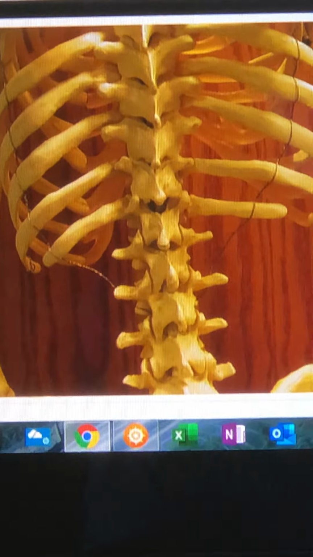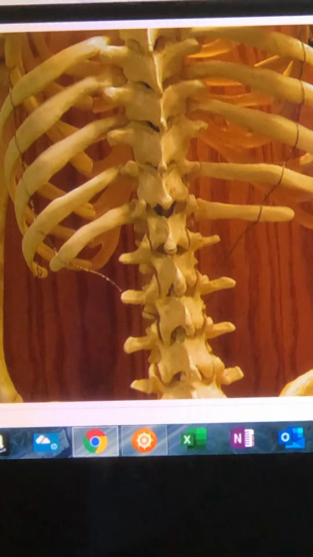It attaches by a costal cartilage, which we talked about was hyaline cartilage in chapter 5 and in the tissue study. So 8, 9, and 10 are called false or vertebrochondral because they attach to the vertebra in the back and cartilage in the front, and chondro is cartilage, so vertebrochondral.